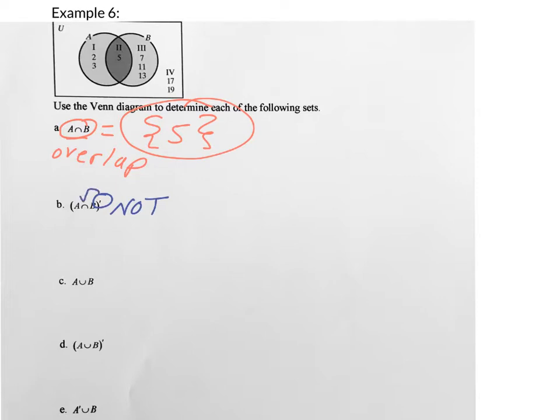So what's not in the intersection, what's not in the overlap, is really what this means when we put it all together. So if we don't want what's in the overlap, we don't want the 5, we want everything else that's still in the universal box. So that's going to be the set. We got 2 and 3 that's outside of the overlap.